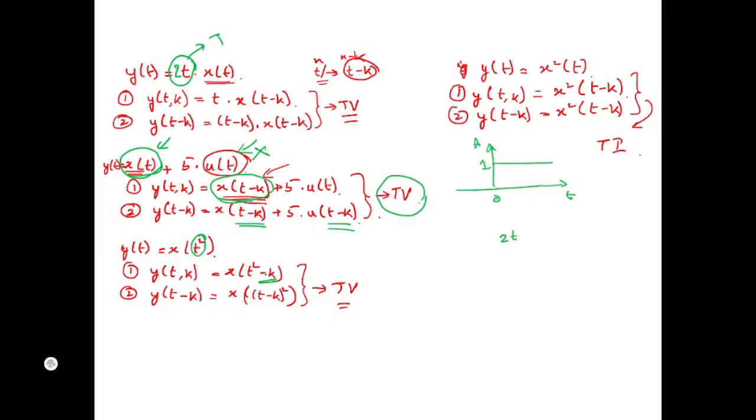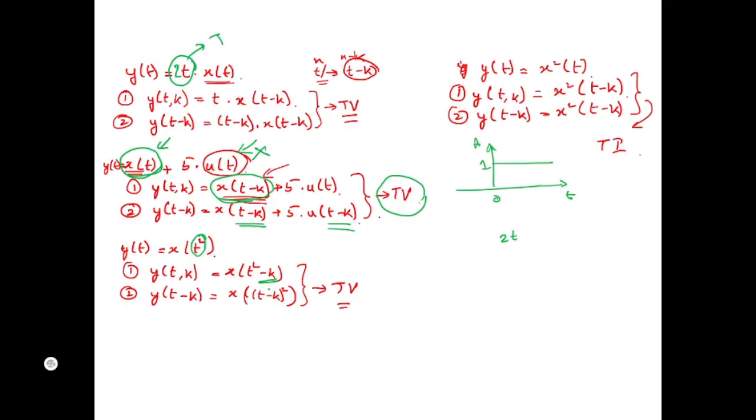When you are delaying the signal, in the combined operation I showed you, minus 2t minus 2. I told you, if it is 2t, then 2t is the independent variable and you have to delay it, it will be 2t minus 2. Similarly, if you apply the same analogy, here the independent variable is t square. So delaying would be x of t square minus k.